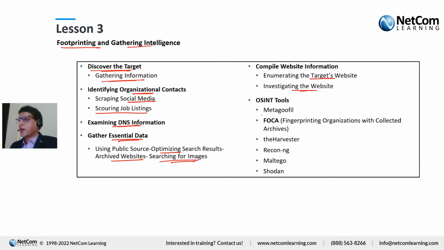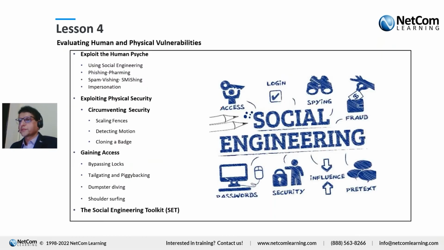OSINT tools like Metagoofil, and then you have FOCA, Fingerprinting Organizations with Collected Archives. This is a very nice tool. theHarvester, Recon-ng, you have Maltego, you have Shodan. These are very important tools which we have, and we're going to understand about these tools.